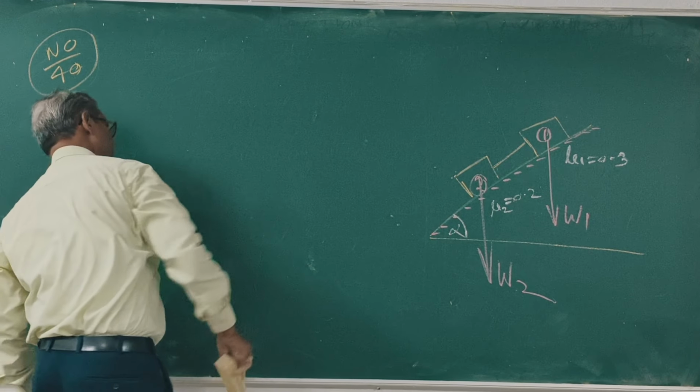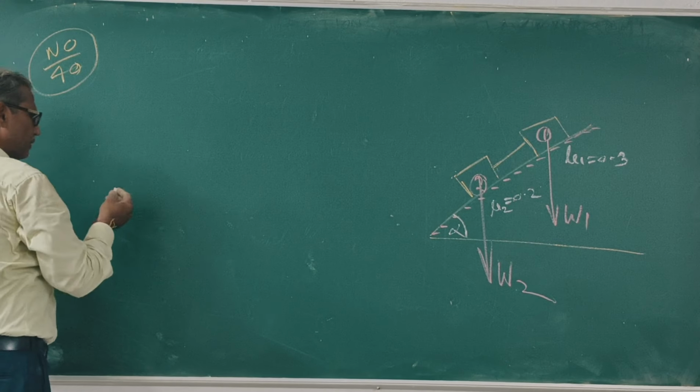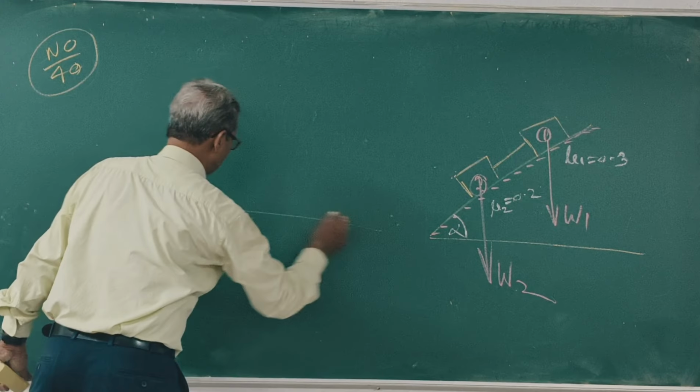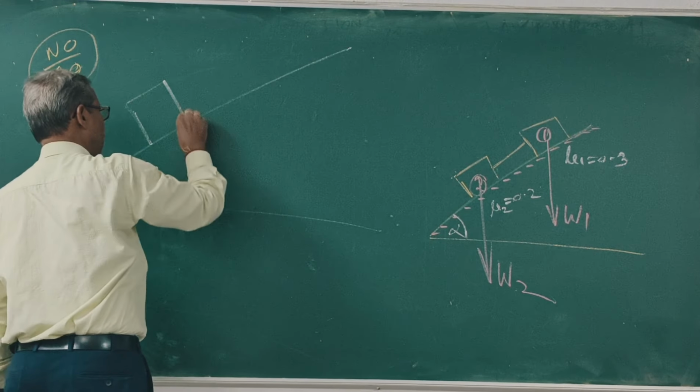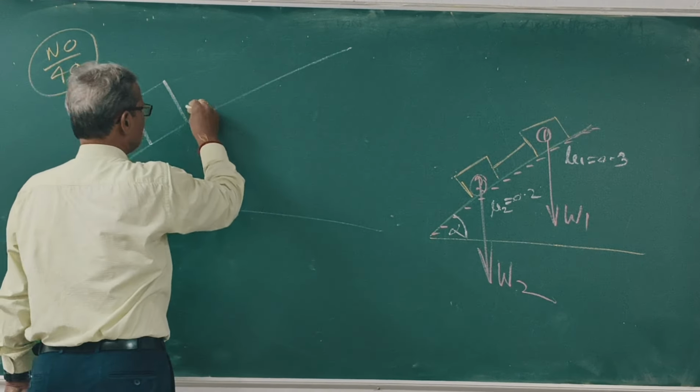Now, this is block 2, this is block 1. Both blocks are connected by a string. This angle alpha, we will find out the angle alpha. Clear?